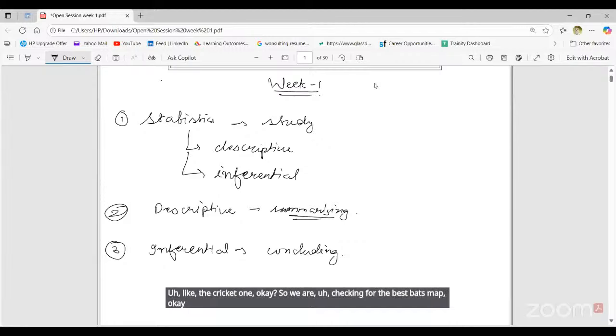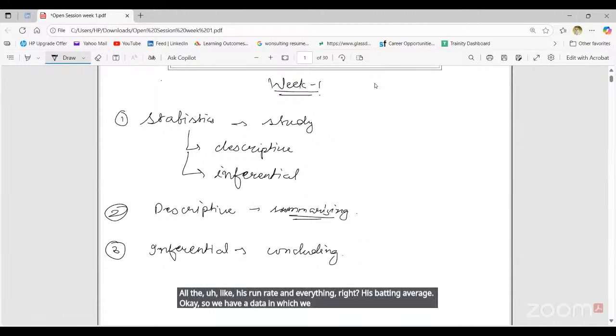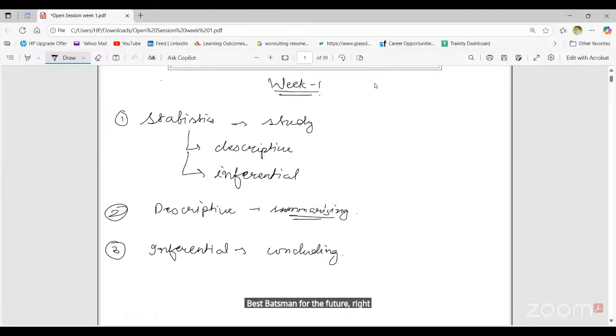We have his run rate and his batting average. With that, we look at which is the best batsman for the future, if he is in the team. In that way, we select the batsman.